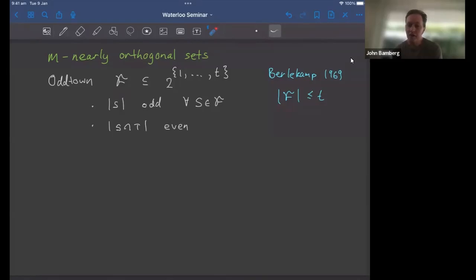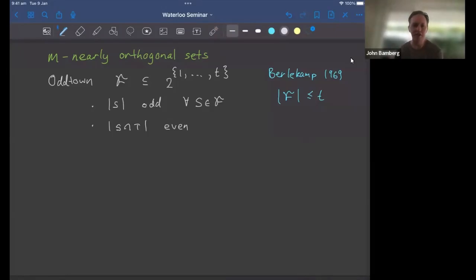This is very different to if I change this condition to even, you get exponentially many, you get 2 to the power t over 2 elements. Okay, so this is a nice little counterintuitive combinatorial property that you can put in front of your linear algebra class.